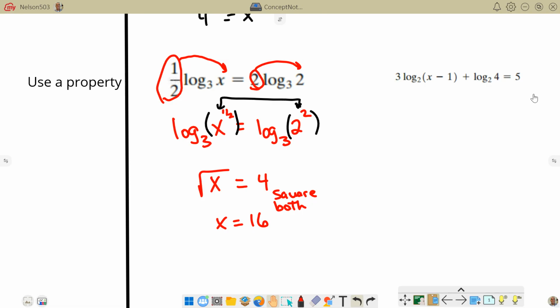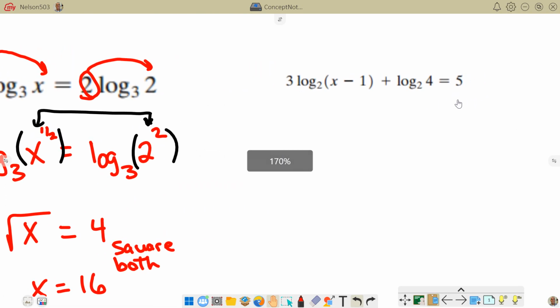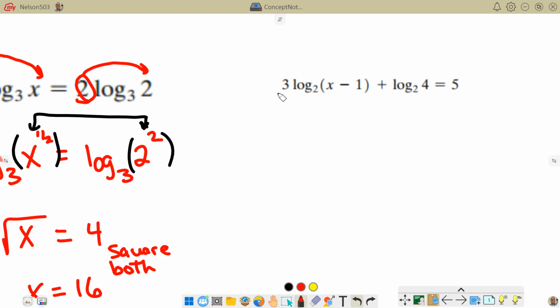We have a property that we need to apply, and, well, 2 of them, actually. We're going to bring the 3 up as an exponent, and then we're going to combine the 2 logarithms. Because it's addition, we can multiply and make 4 times x minus 1 squared. Okay, so let me try all that.